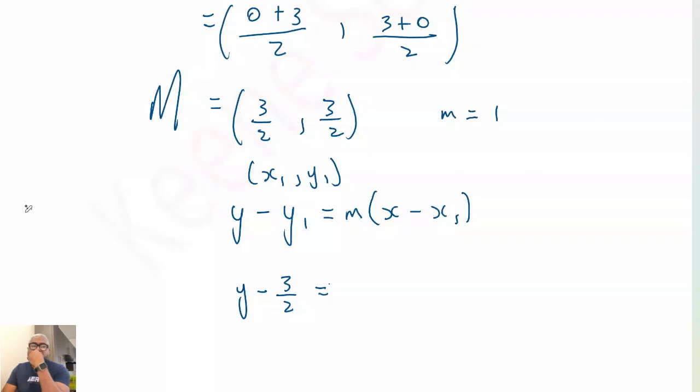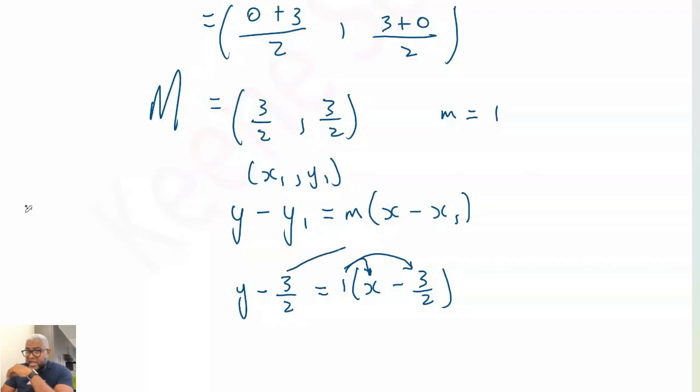Look, it's right on the screen there. Then 1, yeah, 1. Right, y minus 3 over 2 is equal to 1, open bracket, x minus 3 over 2, right? So multiplying 1 into this bracket is the same thing as whatever is in the brackets.